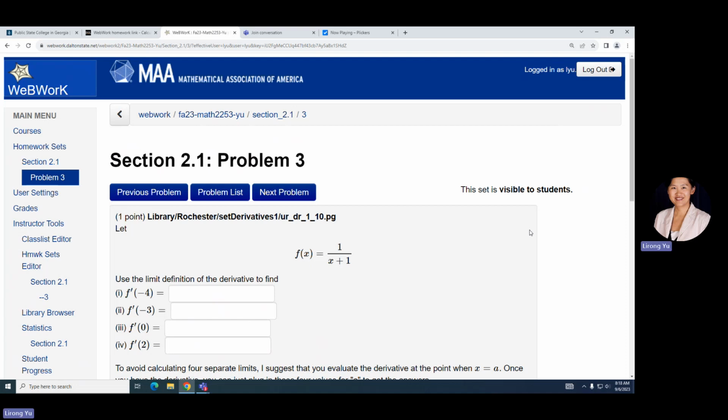So the denominator we choose to be x plus h plus 1, and then x plus 1. That's what we're using. And here is x plus h plus 1, and then x plus 1. We're trying to make sure that this denominator has both of these two things. All right, then you want to make sure the denominator has no change.